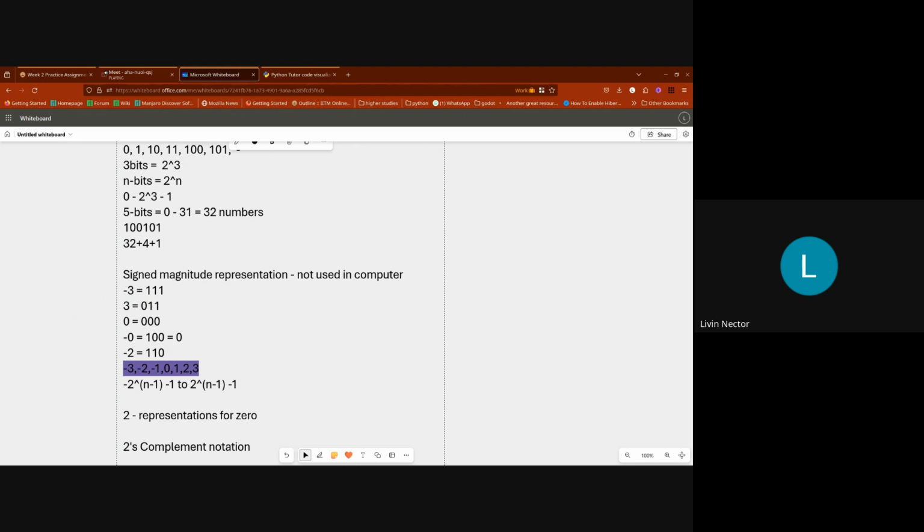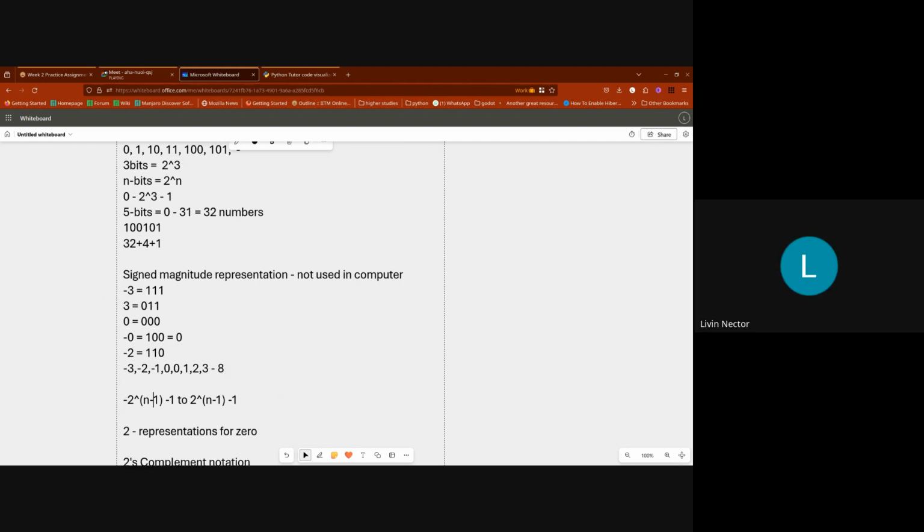How many numbers are there? 7 numbers, right? Since we have two representations for 0, there is another representation for 0 also. Correct? So actually 8 values we are representing.